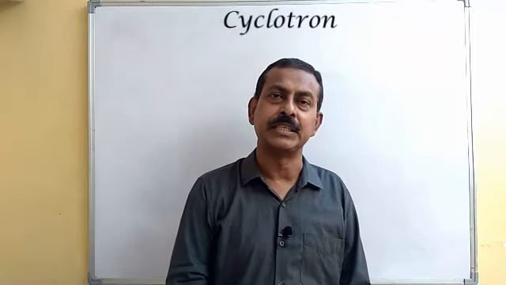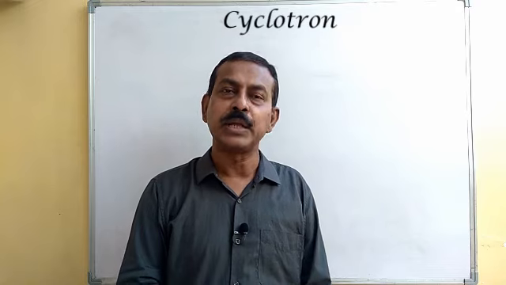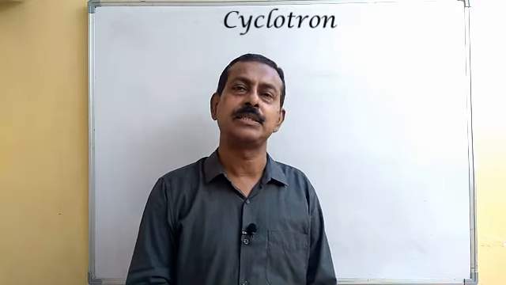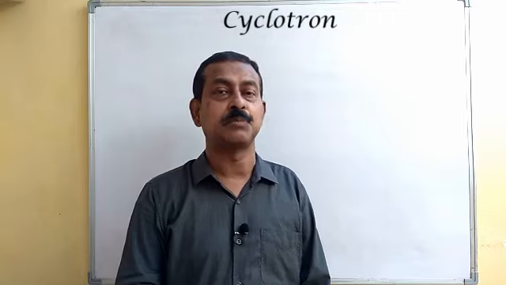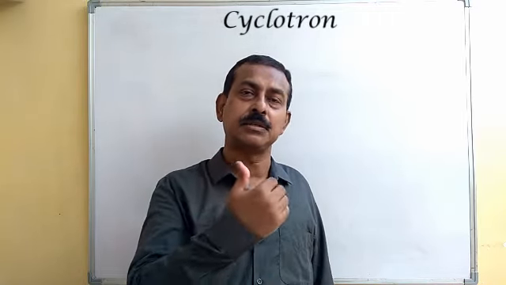Cyclotron is a device which is used to accelerate charged particles so that they acquire high velocity. These energized charged particles can be used for different purposes. They can be used to initiate some nuclear reaction. They can be used to bombard any target.